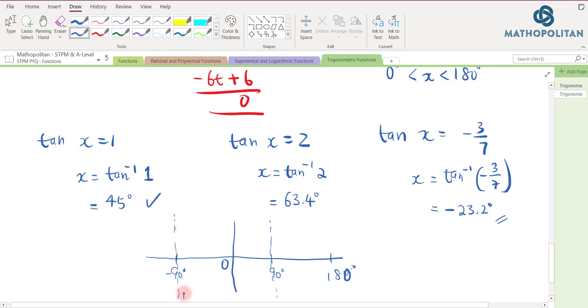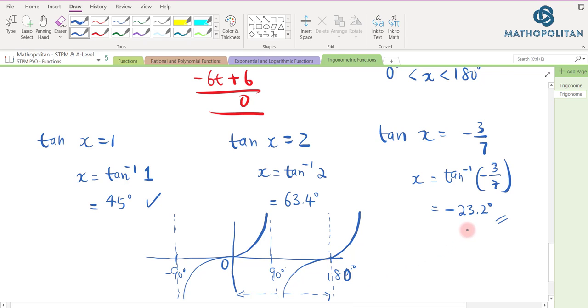We have the function for tangent x touching the 90 degrees and negative 90 degrees, where one side is positive infinity, and the other side is negative infinity. Then the same cycle repeats. But our answer is just between 0 to 180. We can only take answers between 0 to 180.